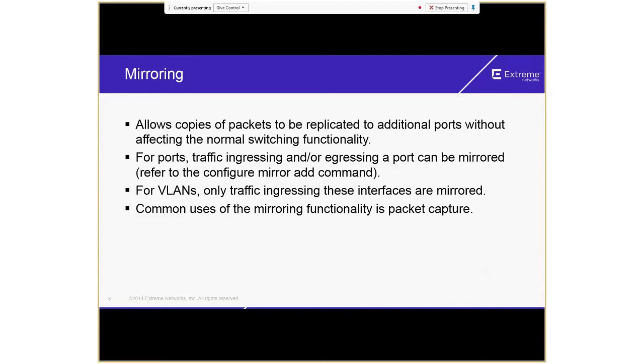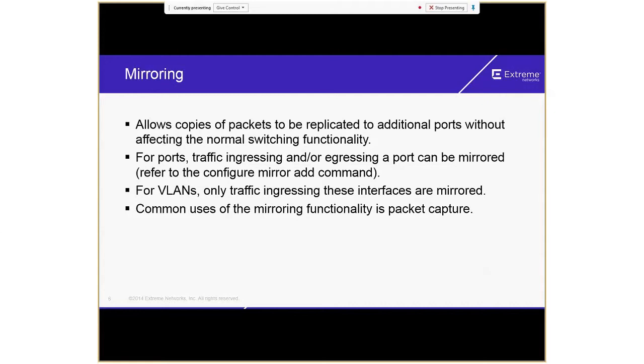So all the information that you're trying to capture from the switch is getting mirrored onto another port, and that port is sending all the traffic onto the PC where you're running Wireshark. So all the packets will get replicated on your PC as well. So you can view what is exactly happening in the switch, what traffic the switch is receiving, or on what port it is receiving, etc.